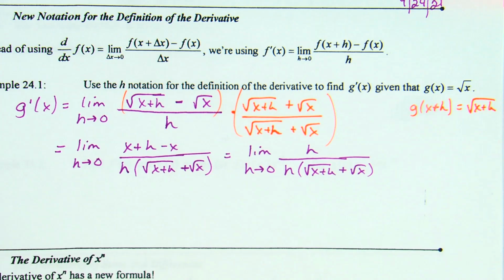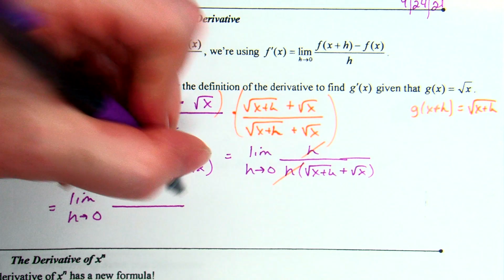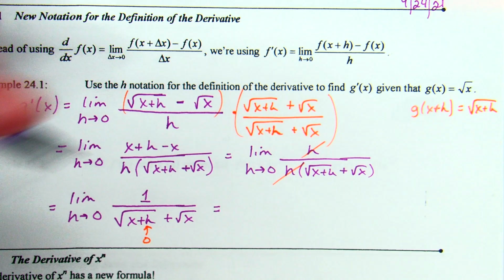So it's the limit as h approaches 0 of what remains on top. If all else cancels, we have 1 over square root of x plus h plus square root of x. Now what? Okay, now we're ready to officially take the limit, plug in 0 for h.